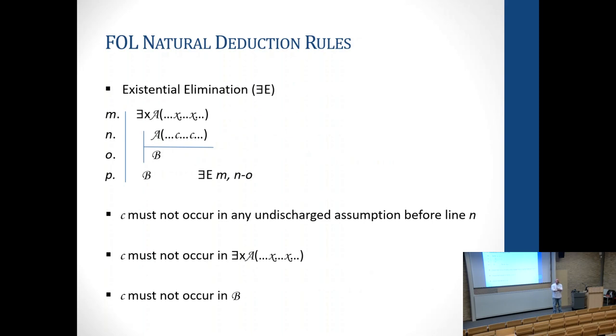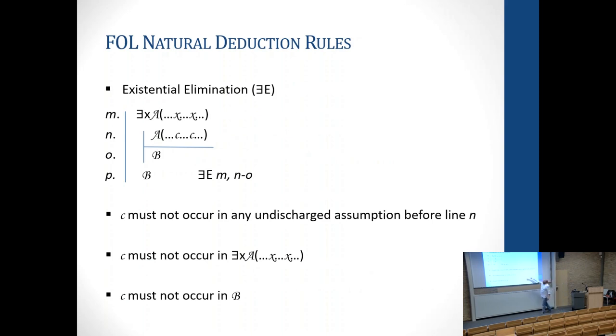It can't already be in the sentence that we're going to play around with, the existential. And it needs to be gone by the end. Because if it's not gone by the end, then we're talking about that particular name. It is no longer an arbitrary or dummy name. So again, the three restrictions here: not in any undischarged assumption, not in the sentence already, and it's got to be gone by the end of the subproof.